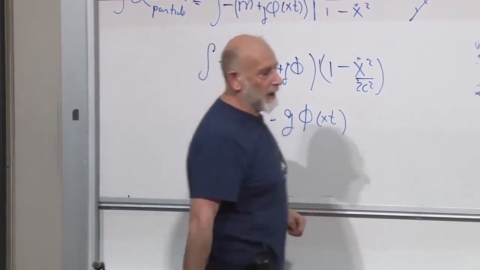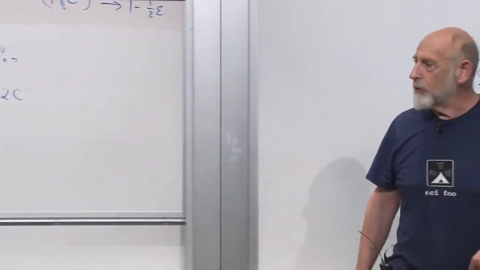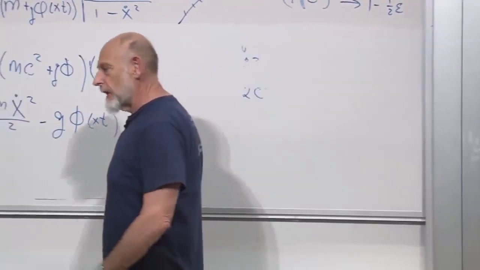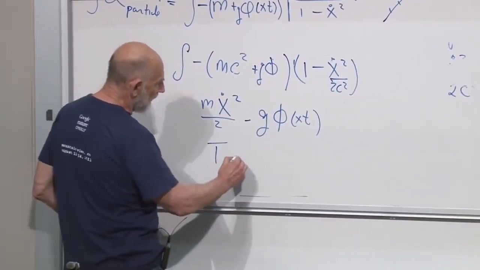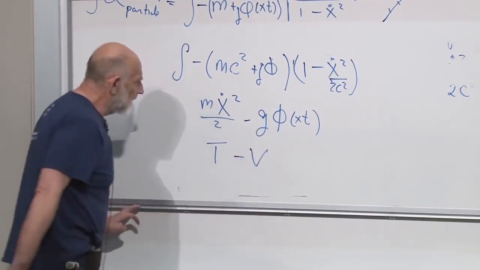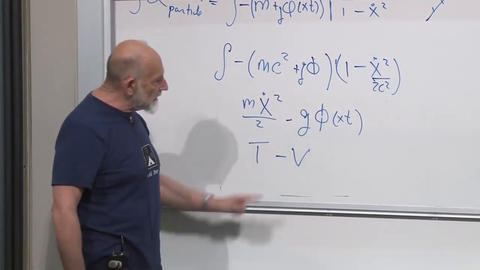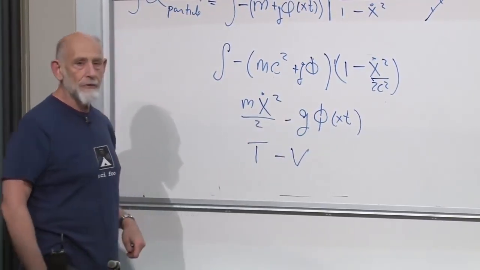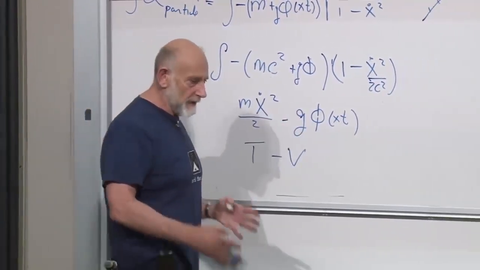And we just compare that with the old-fashioned non-relativistic Lagrangian, which was kinetic energy minus potential energy. This is clearly kinetic energy, and that identifies for us g times phi as the potential energy of the particle in a field.